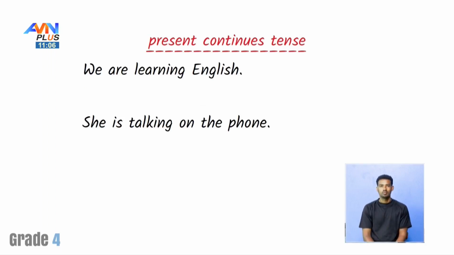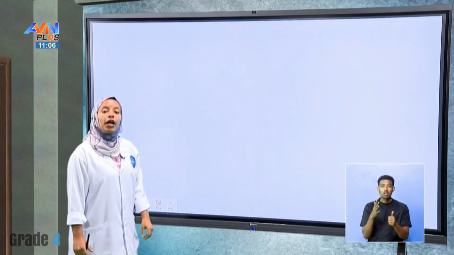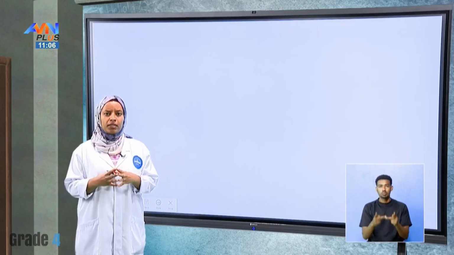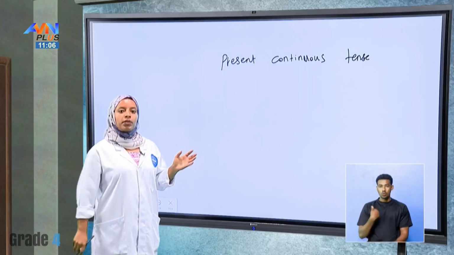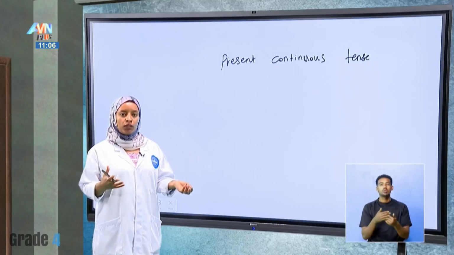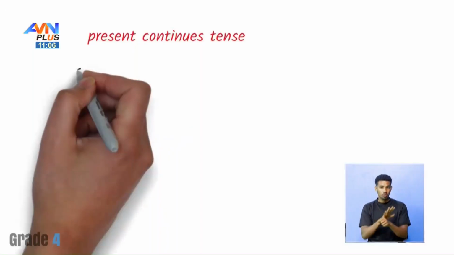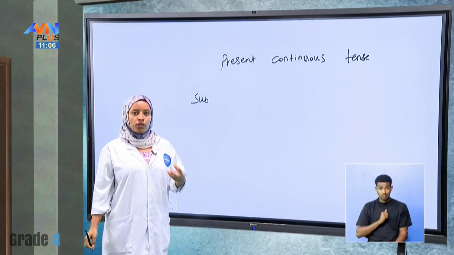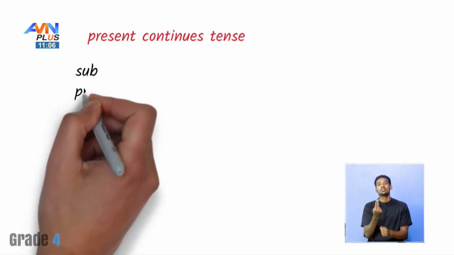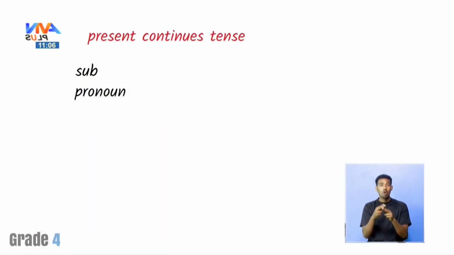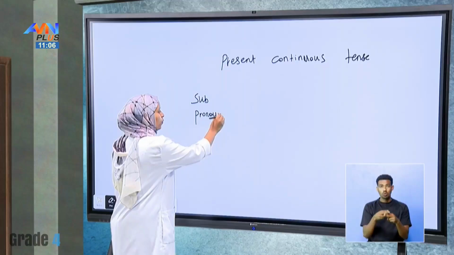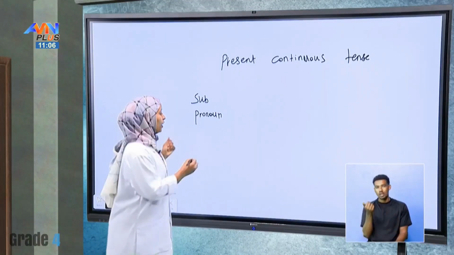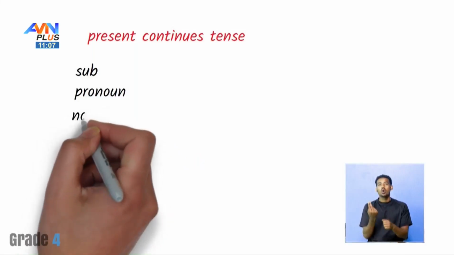Let me show you which formula and which form you can use with present continuous tense. We can use simple present continuous with some formula. For example, start with a subject. When we say subject, we can use a pronoun, a personal pronoun and so on, and also a noun.